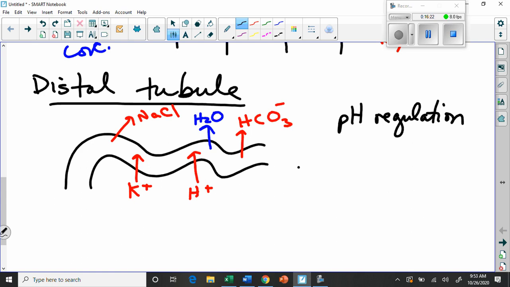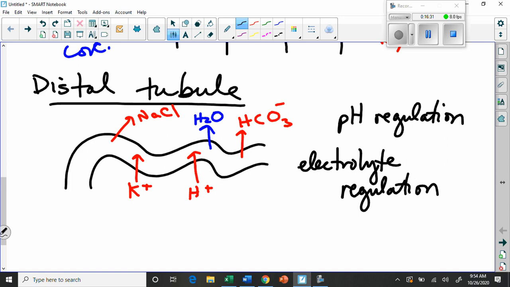And we can also put electrolyte regulation. Electrolytes are the words that mean any of the charged ions. And some of them are also the pH ions, but we'll just kind of put the two together. So that's really all we need to say about the distal tubule.